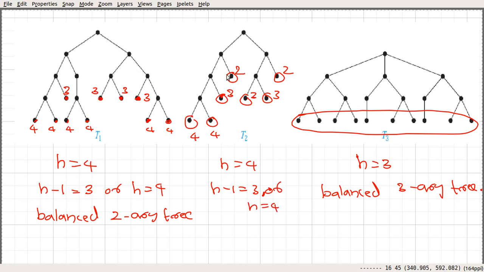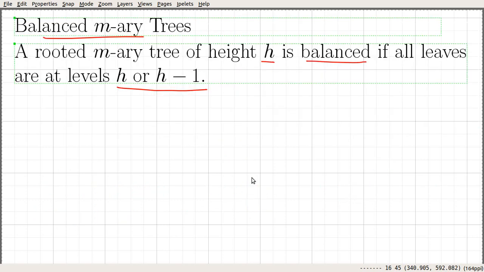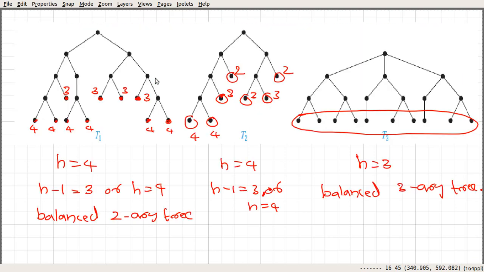We have these 2 leaf nodes at level 2, so it doesn't satisfy this condition. In order for a tree to be a balanced m-ary tree, all leaves should be at level h or h minus 1. It violates that condition, and because of that, this tree T2 is not a balanced 2-ary tree.